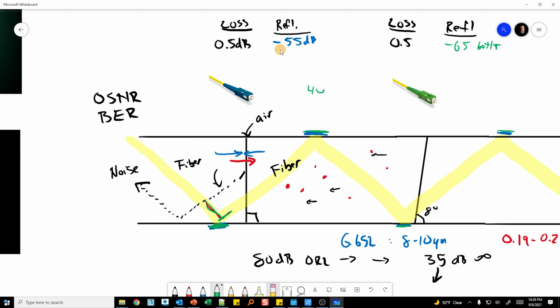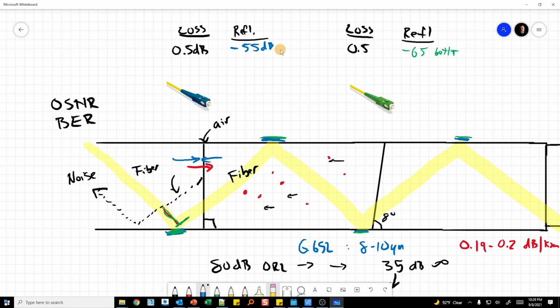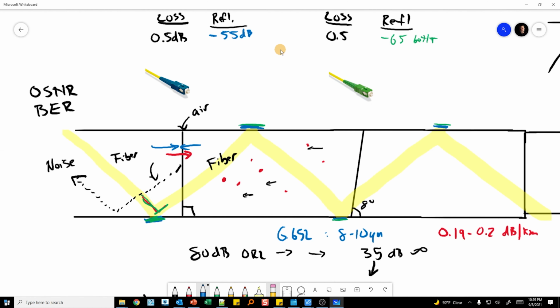So a negative 40 is worse than a negative 50. We want a higher number if you disregard the negative. APC connectors have less reflection, or less noise profile, and so they were used heavily in analog video systems and are the standardized connectors for APC fibers.